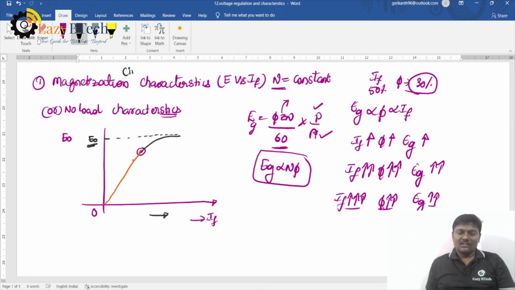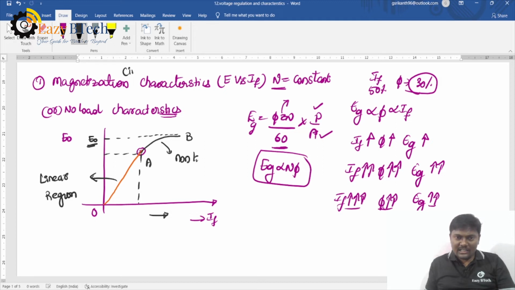This is called the O.C.C curve, and below this linear portion, this OA line is called the linear region, and AB is called the non-linear portion or non-linear region.